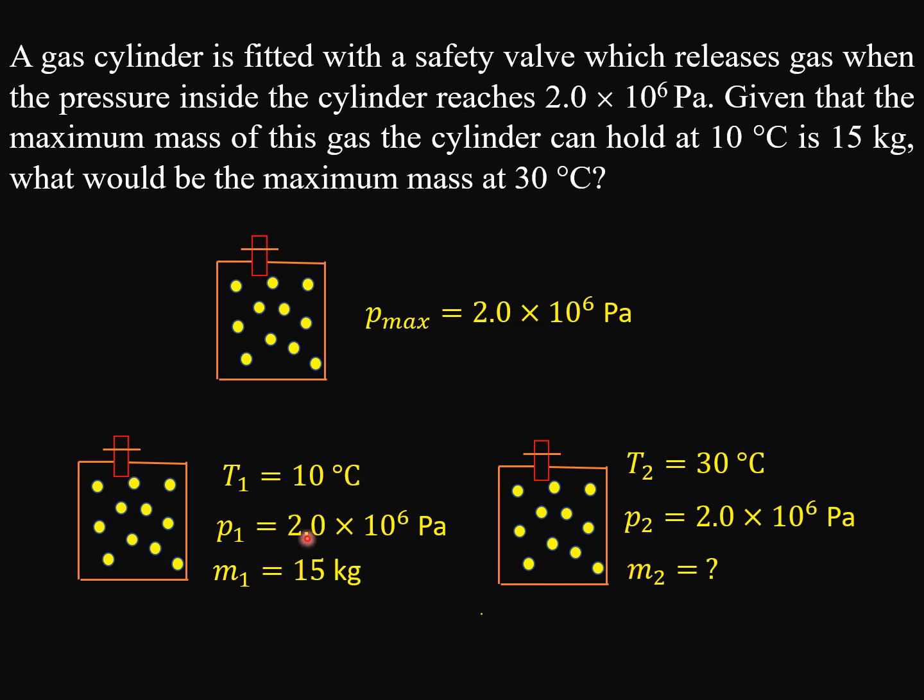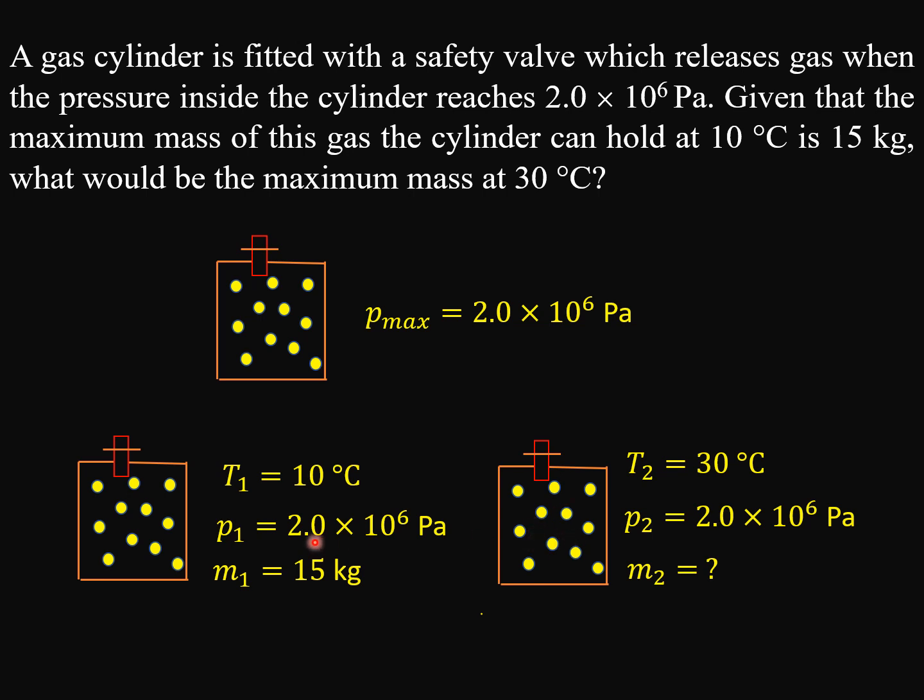If it is at 10 degrees C, M1 is 15 kg. But when T2 equals 30 degrees C, what is M2? This is the quantity that we want to find. But we can note that at T2, 30 degrees C, the molecules in the cylinder move faster, so they can produce a higher pressure.